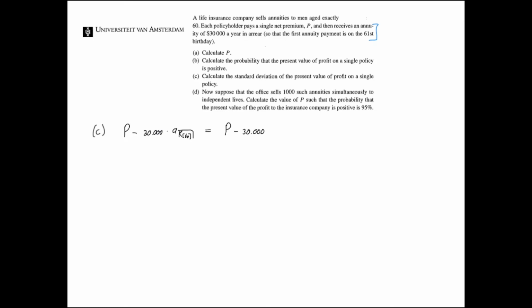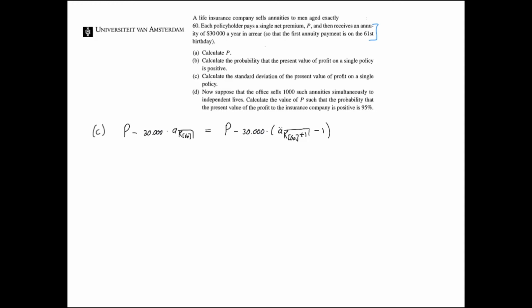So we rewrote this as ä_{K60+1} minus 1. Okay, so this is the present value of profit, right? And now we have to compute the standard deviation.